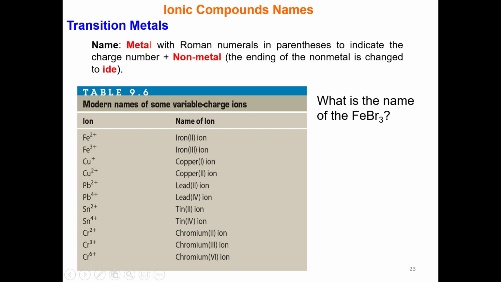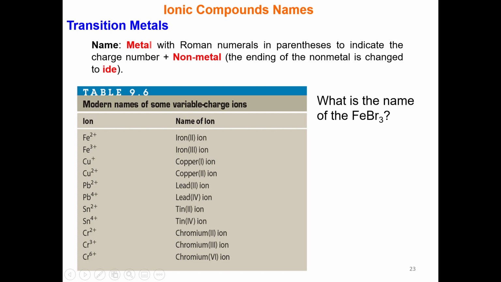First, we will write the name of the metal, but because, for example, in the case of iron, it can be +2 or can be +3, to indicate that we will write the Roman numerals in parentheses to indicate the charge number. For example, if it's iron 2, we will write it in this way. We will write the name of the metal and in parentheses the charge.